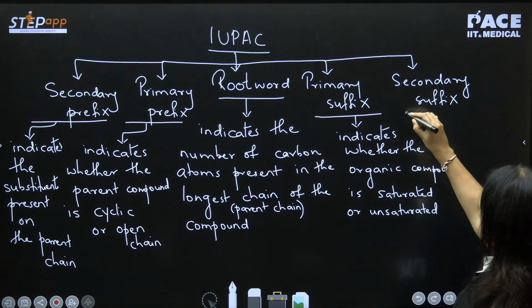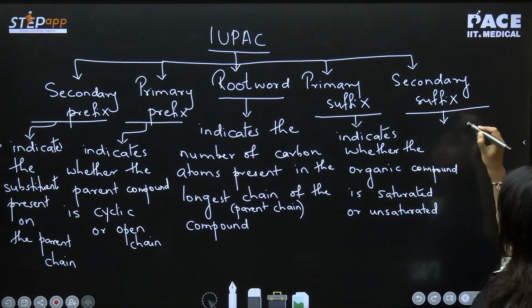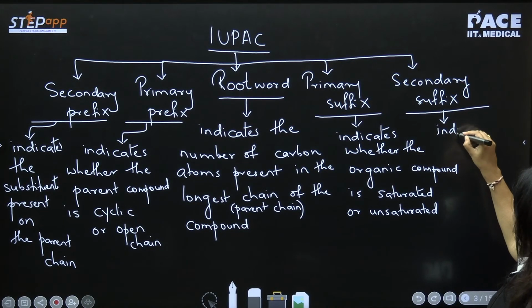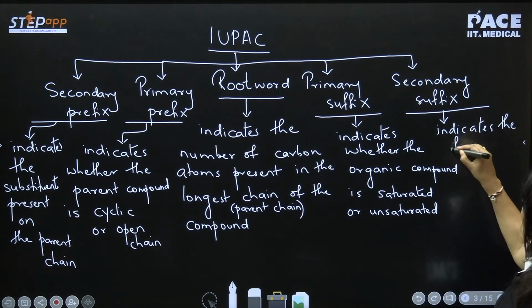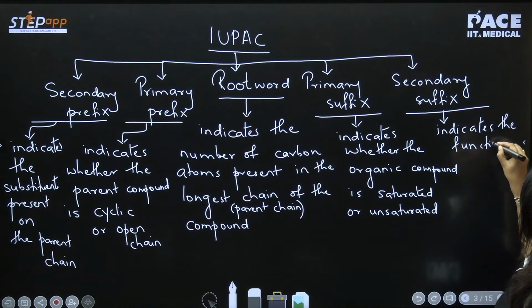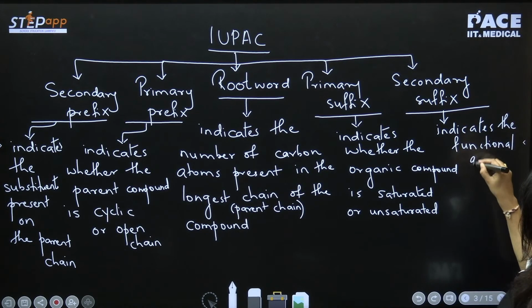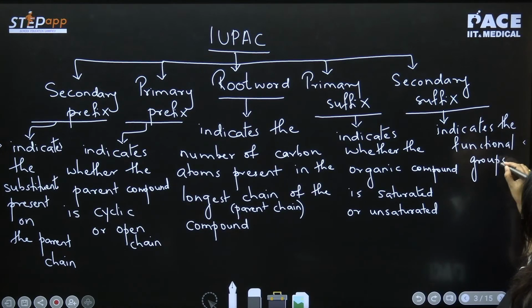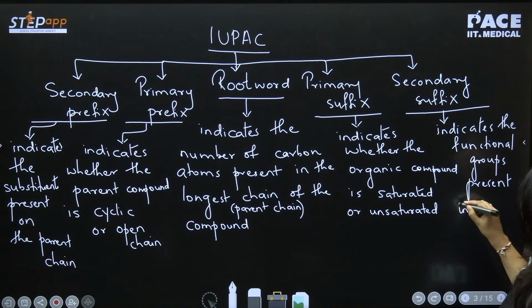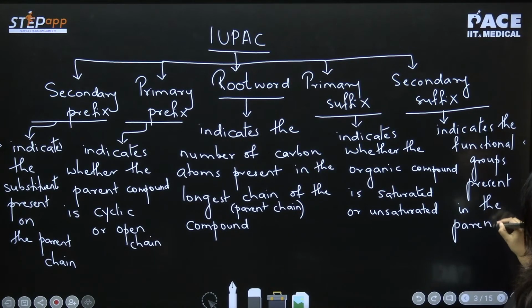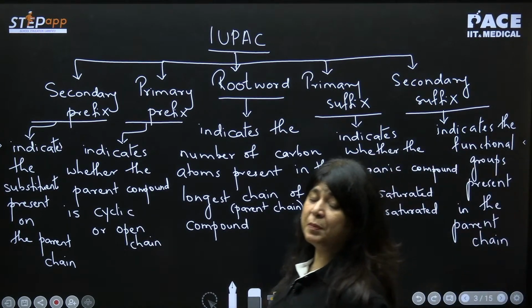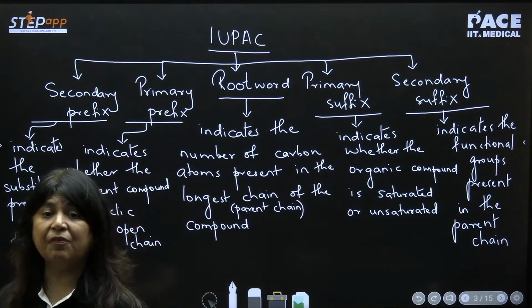Now coming to the last part of the naming, that is the secondary suffix. The secondary suffix indicates the functional groups present in the organic compound, the main functional group.